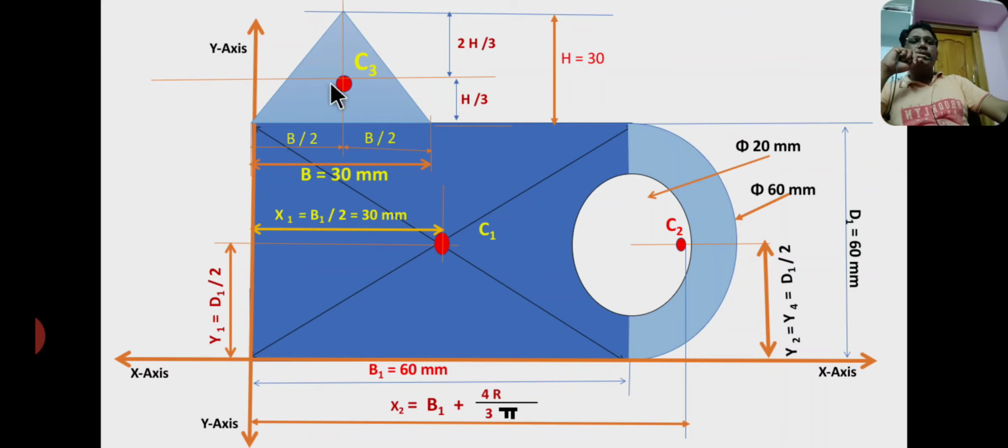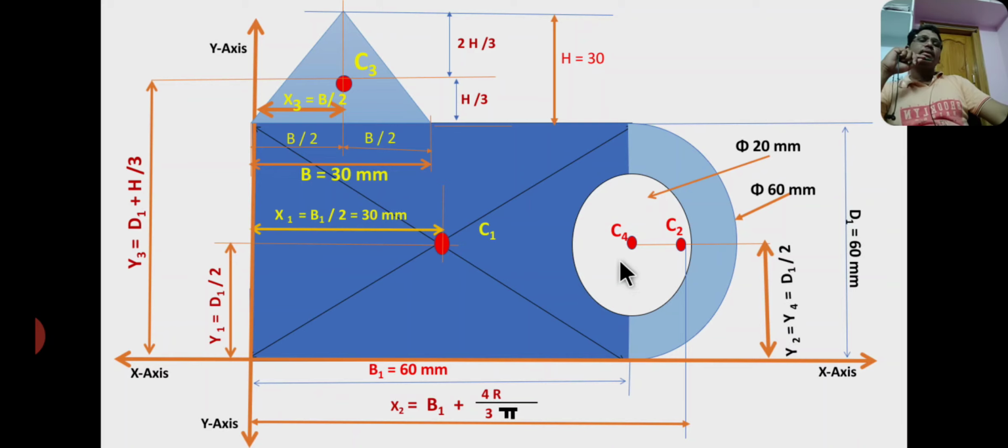Therefore, from centroid C3 to y-axis is x3. Therefore, x3 is equal to base by 2. This is x3, and y3 is from centroid C3 to x-axis. The distance is y3. y3 equal to height of a square, that is 60 plus h by 3. So d1 plus h by 3 is the value of y3.